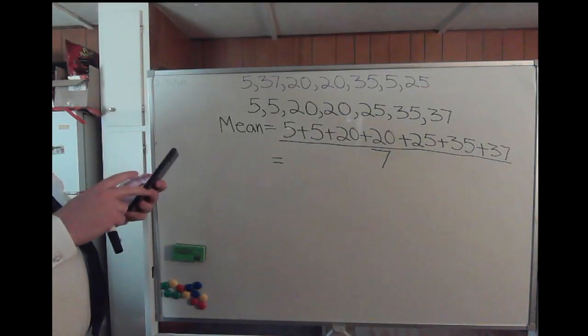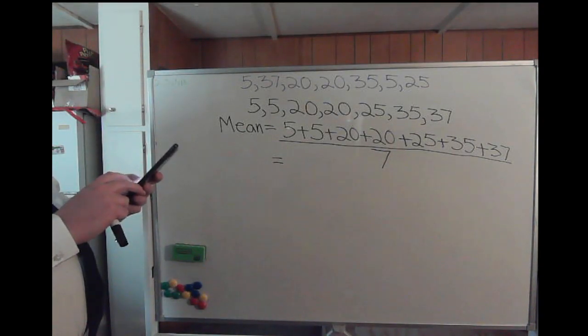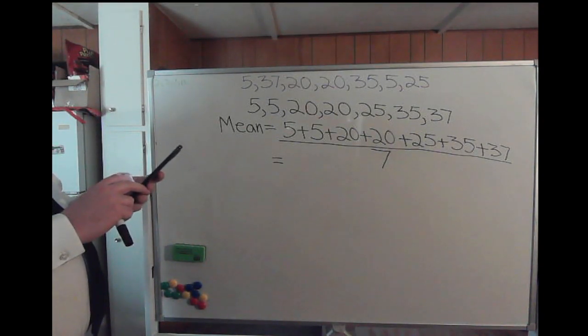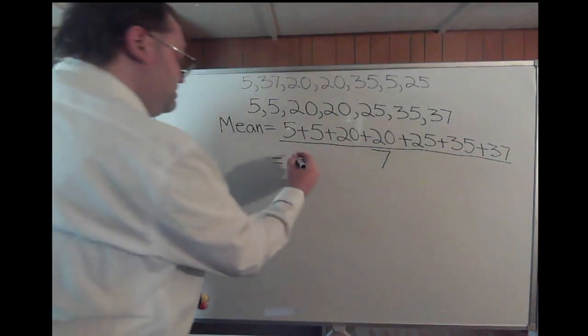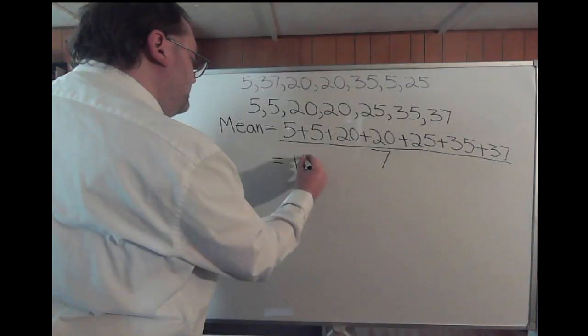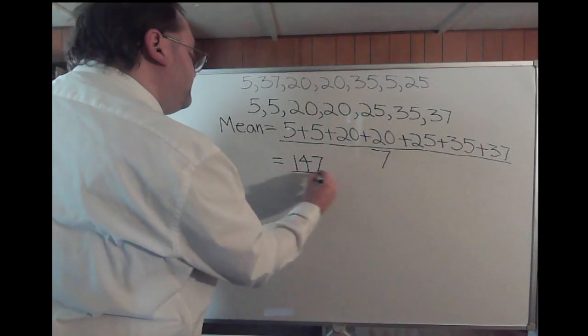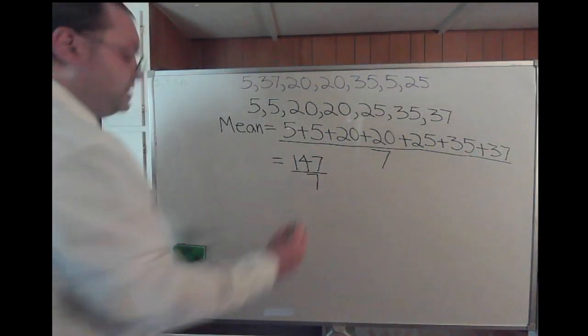Let's do the addition first up in the numerator. So 5 plus 5 plus 20 plus 20 plus 25 plus 35 plus 37 equals 147, divided by 7.